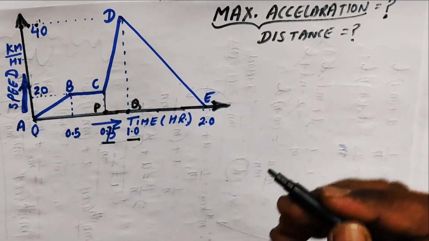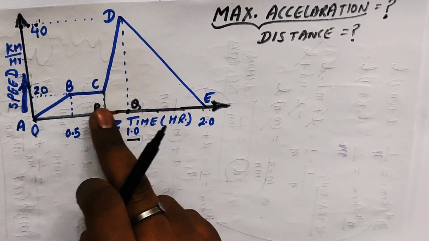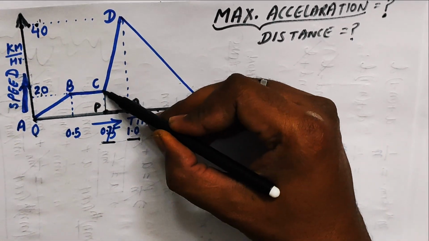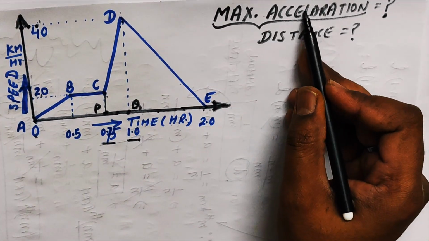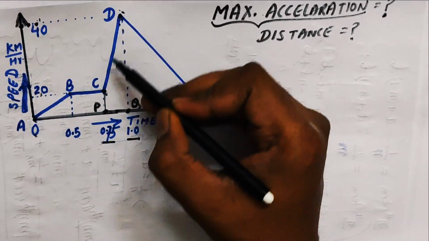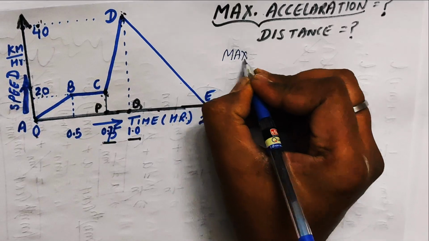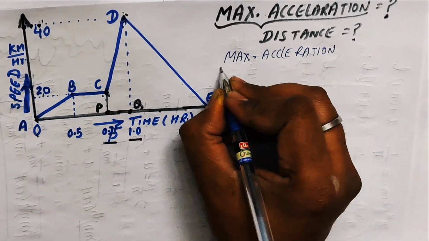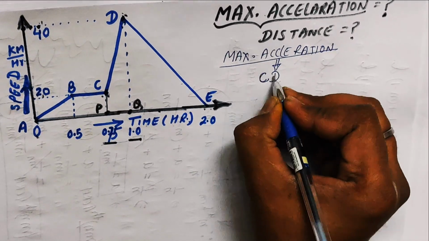The slope of the velocity time graph gives acceleration, and it is clear from the graph that the maximum slope is between C to D. You can see C to D. So the maximum acceleration is attained by the train during the phase of C to D. So we can see maximum acceleration will be achieved during the journey from portion C to D, right?